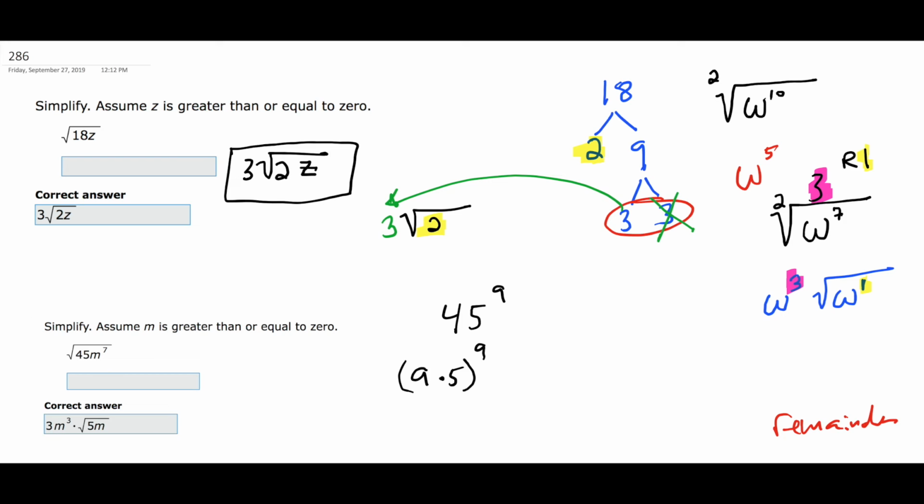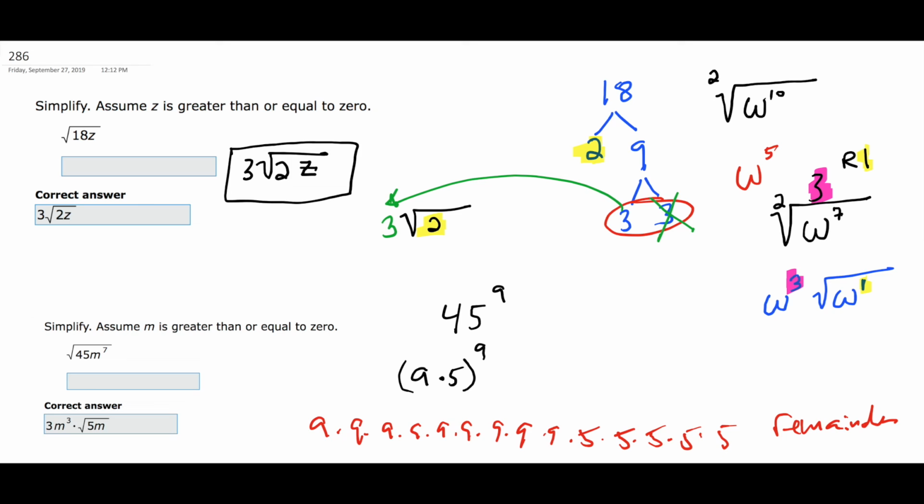So you have 9 nines. I can go like this: 9 times 5 times 9 times 5. Or I could do 9 times 9 times 9 times 9 times 9 times 9 times 9 times 9 times 9. 1, 2, 3, 4, 5, 6, 7, 8, 9 times 5 times 5 times 5 times 5 times 5.